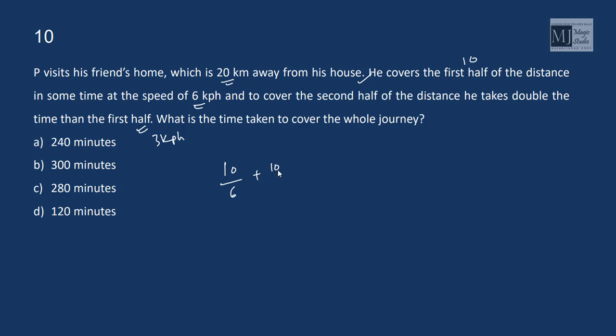So time taken is 10 by 3. This should be equal to the total time taken. What is the time taken to cover the whole journey? 10 plus 20, 30 by 6 is 5 hours. But all options are given in minutes. 5 into 60 is 300 minutes.